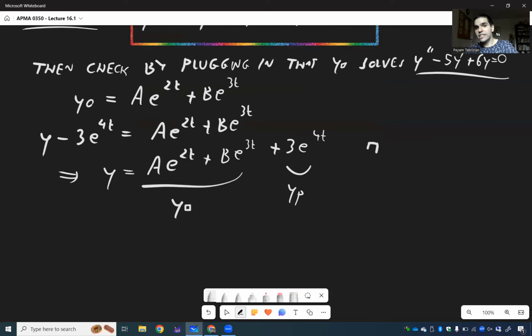And what is really the takeaway? The takeaway is that to solve inhomogeneous equations, you first solve the homogeneous equation, which we know how to solve, and you find just one solution of the original equation.